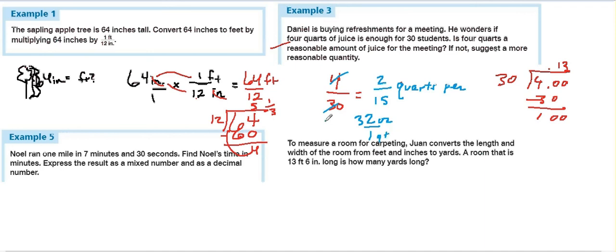And we have 4 of them. So cross out your quarts, and we've just got the ounces left. We're using a unit multiplier here. That's 128 ounces.